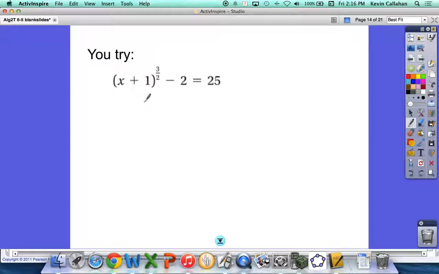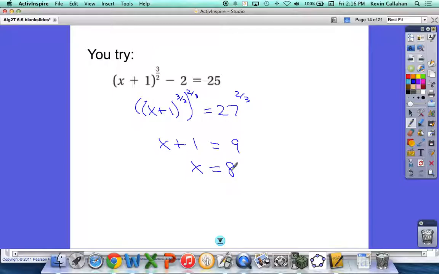So here we go. x plus 1 to the 3/2 equals 27. Raise both sides to the 2/3. 27 to the 2/3 is 9. The 3/2 and the 2/3 cancel. x equals 8. Right?